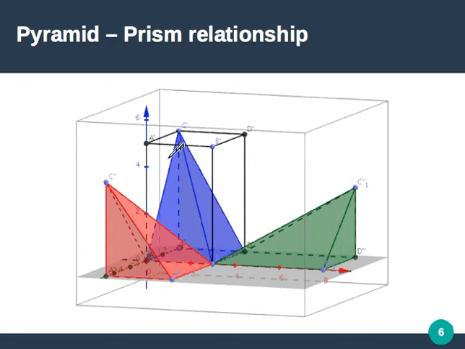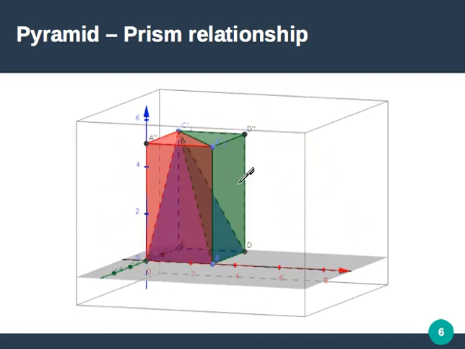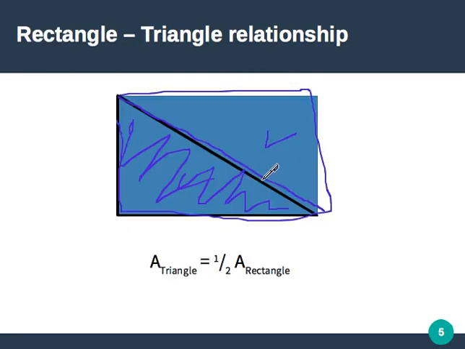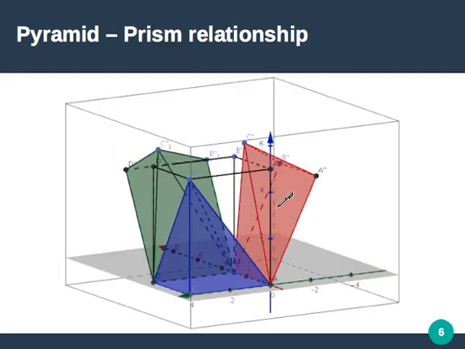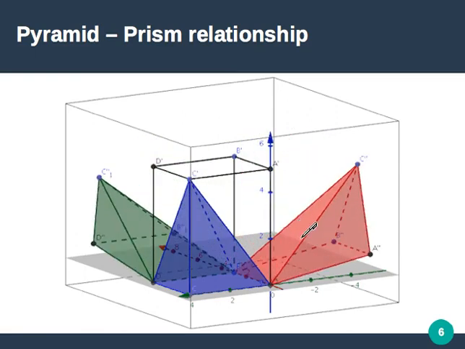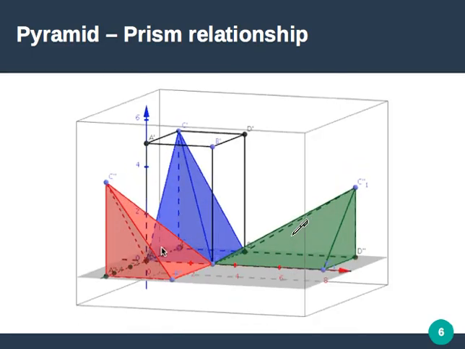And what does this mean? It means that in one prism you have 3 pyramids, just like when you had one rectangle, you got 2 triangles. In the prism, you have 3 pyramids. That means that all you have to do in order to calculate the volume of a pyramid is just divide the volume of the prism.